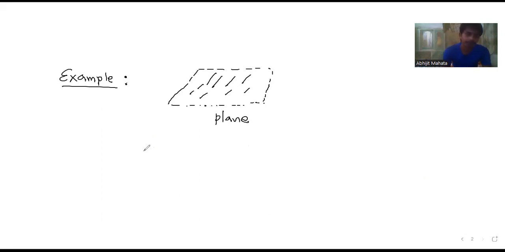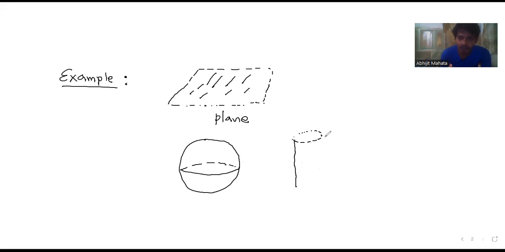The next one, you can take the sphere. This is also a surface. Now let's say I'm taking the cylinder, not including the boundary of the cylinder.